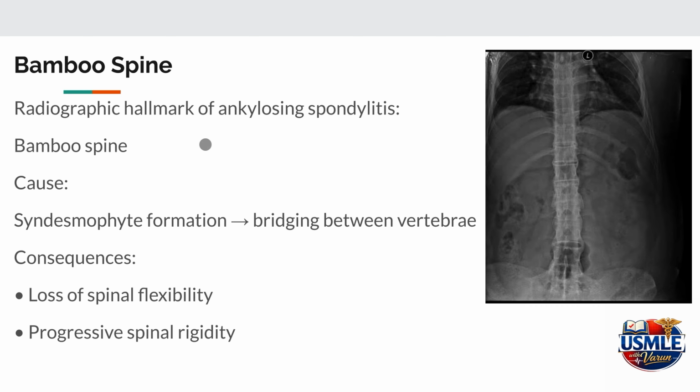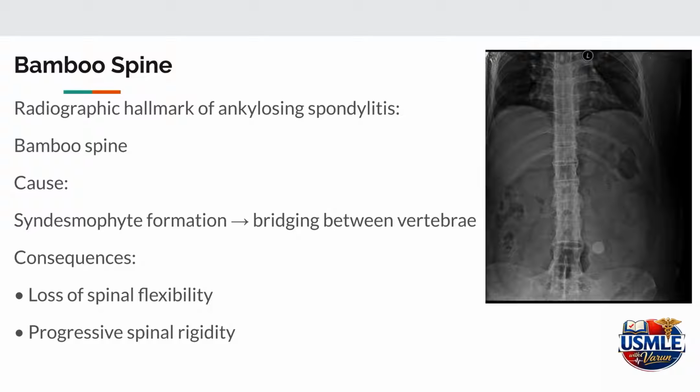One of the most characteristic radiographic findings is the bamboo spine appearance. This occurs because of syndesmophytes, which are bony ridges that form between the adjacent vertebrae. As more syndesmophytes develop, the vertebrae become fused together, giving the spine a rigid appearance resembling a bamboo stalk. The result is progressive loss of spinal flexibility and stiffness.